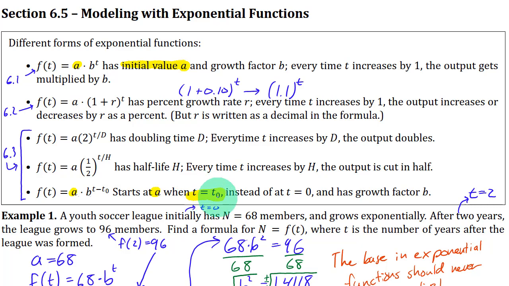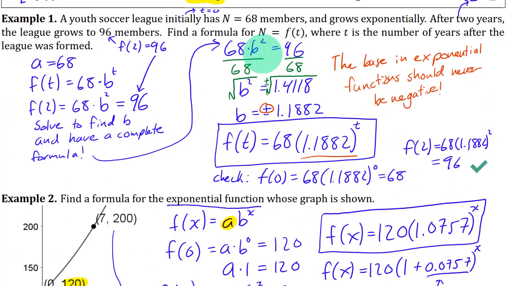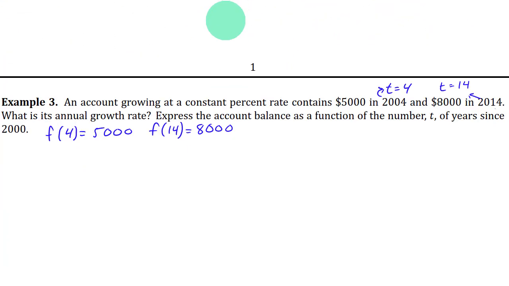That's what, if we think of the starting year for our problem as t equals 4 instead of at t equals 0, then that's that value of a. So I'm going to plug in t0 equals 4, that's the beginning year, and a equals 5,000 into that formula. So 5,000 for the A, and it's times b to the power t minus 4.